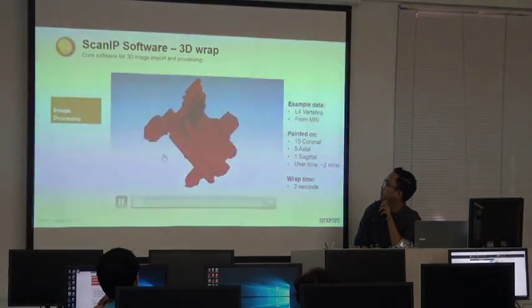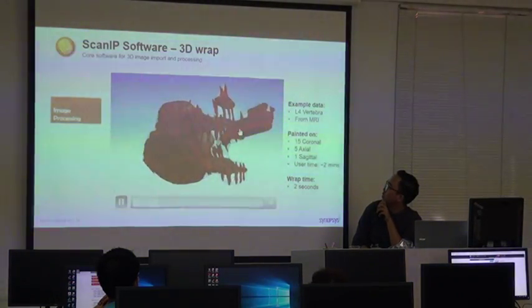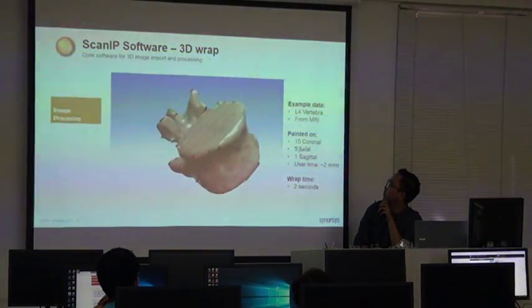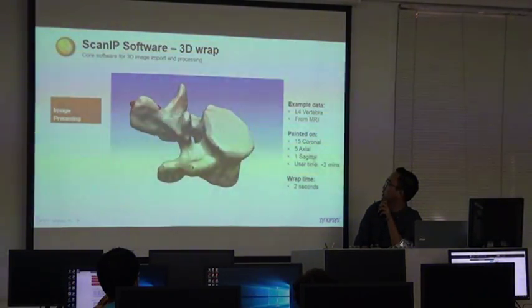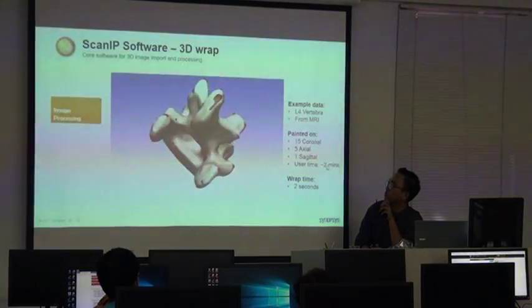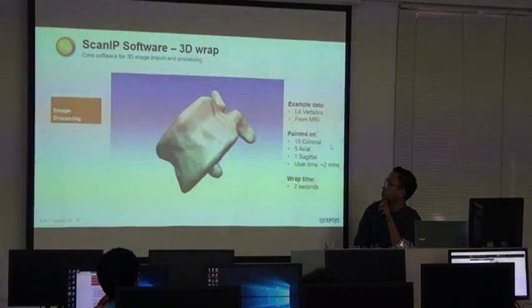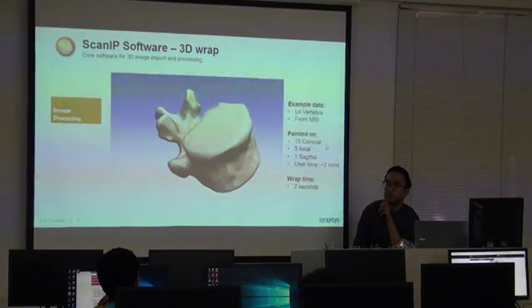As an example, for this vertebra that we obtained from an MRI scan, we painted 15 coronal, 5 axial, 1 sagittal, so it takes around 2 minutes, and then the wrap time took only around 2 seconds. So it's very easy.